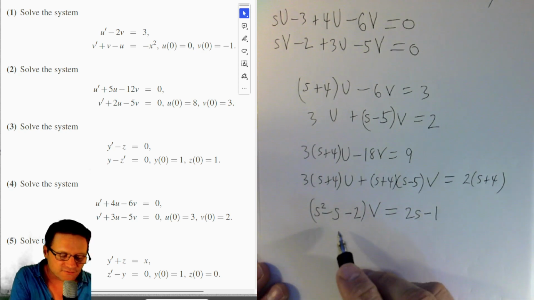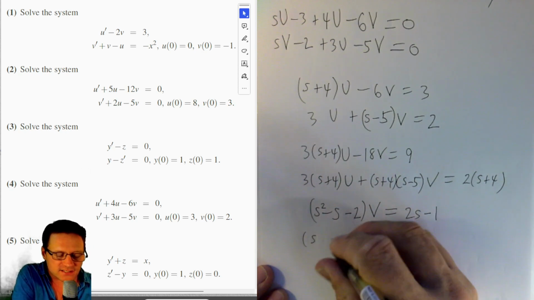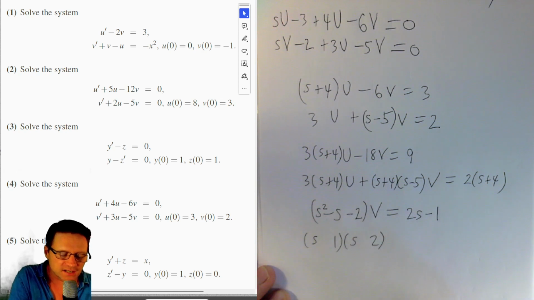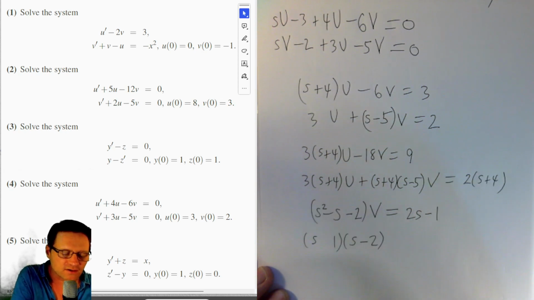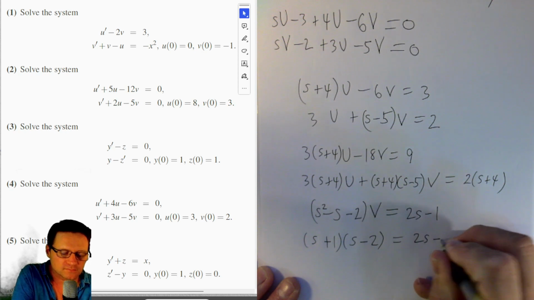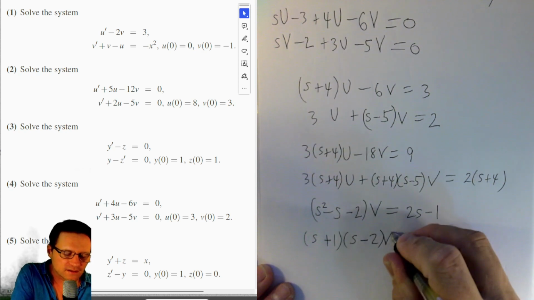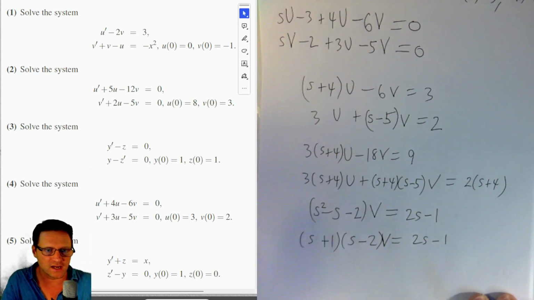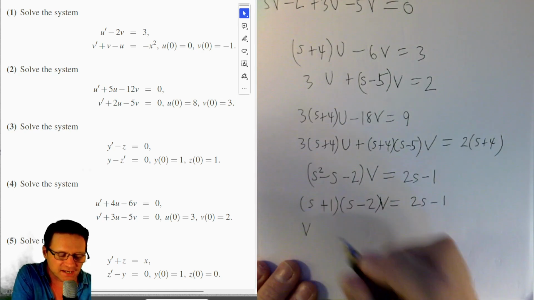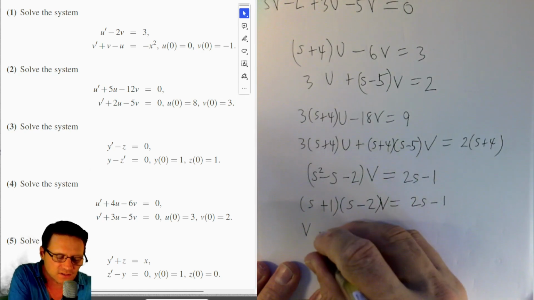All right, so let's factorize the left-hand side. s with a 1, s with a 2, minus and a minus. We want the bigger of the two of these to carry the minus sign. And then there's the V there. Okay, great. So next, let's solve for V by dividing by (s plus 1)(s minus 2).